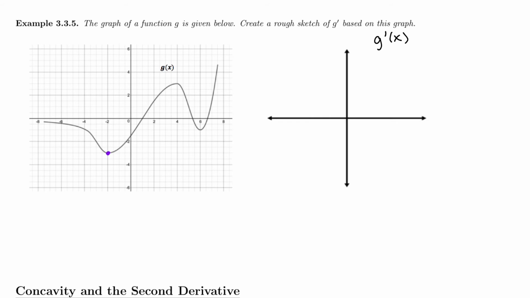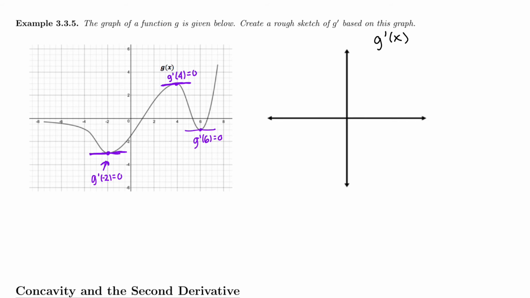We know here that the derivative is going to be 0, right? We know at -2 that g prime is 0. We know that same thing happens right here. G prime of 4 is 0. And down here, g prime of 6 is 0.